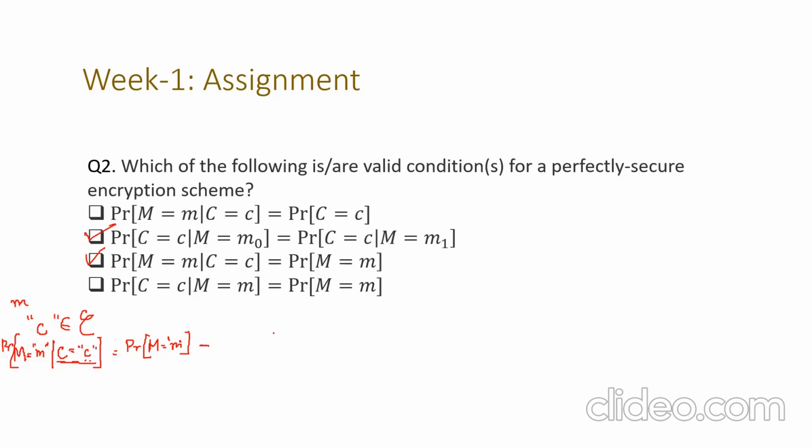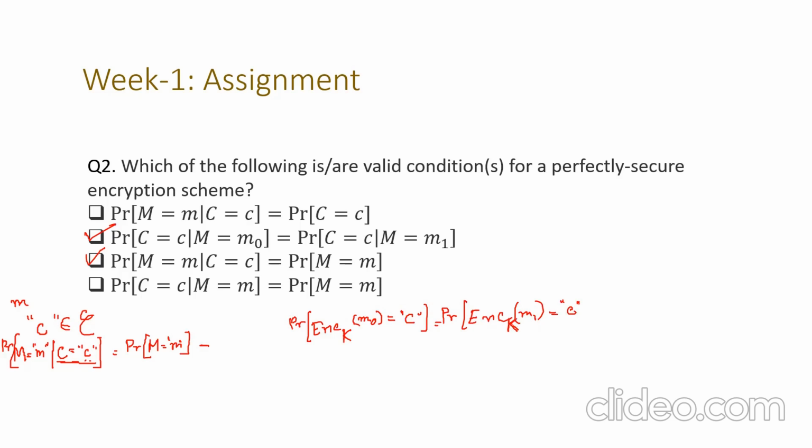Why is that? If you remember perfect indistinguishability, what it says is that the probability that encryption with some key from the key space of some message M0 maps to a particular ciphertext C should be exactly equal to the probability that another message M1 maps to the same ciphertext C using some key from the key space.